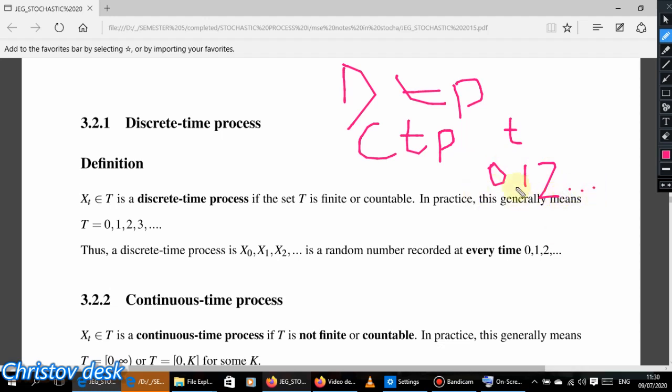So it's like there's this random variable x, and we are trying to look at what happens to x at time 0, what happens to x at time 1, what happens to x at time 2, and then what happens to x at time n. Okay, that's what we're trying to do. So that's basically a discrete time process.